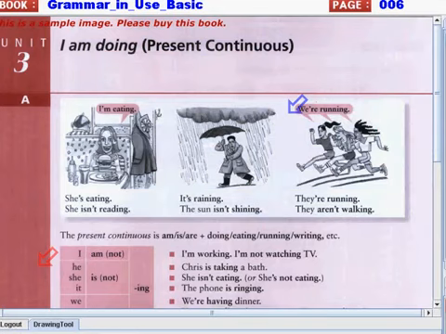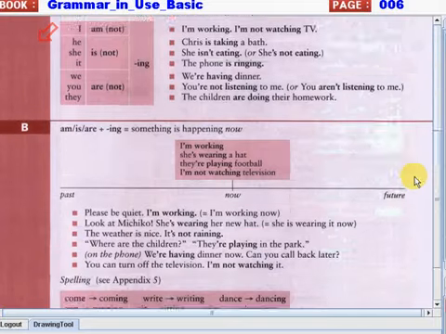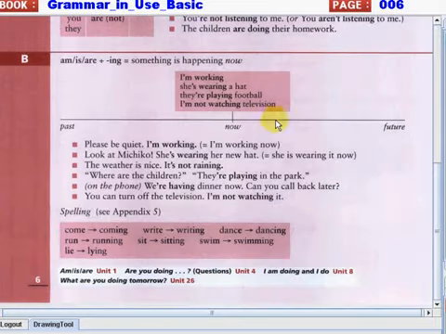Now, let's go back here in our book and let's discuss letter B. Remember that the structure of the present continuous tense is like this. We have our subject followed by our be verb and then ing form of the verb, like this. So again, when we use the present continuous tense, something or the action is happening now.